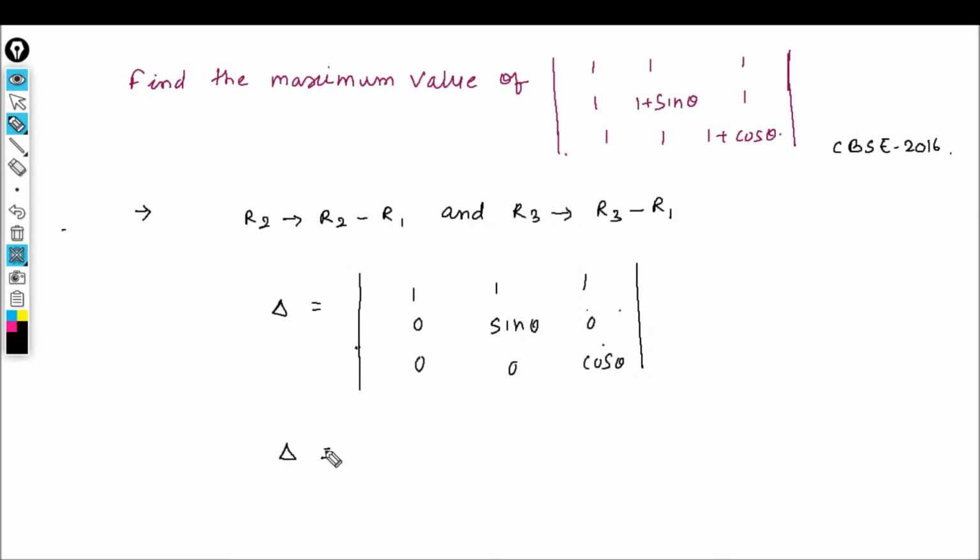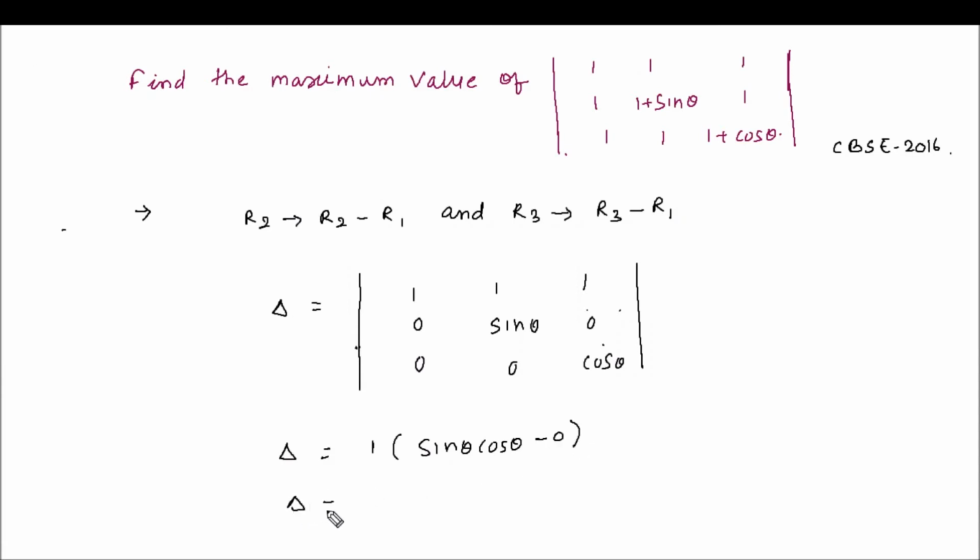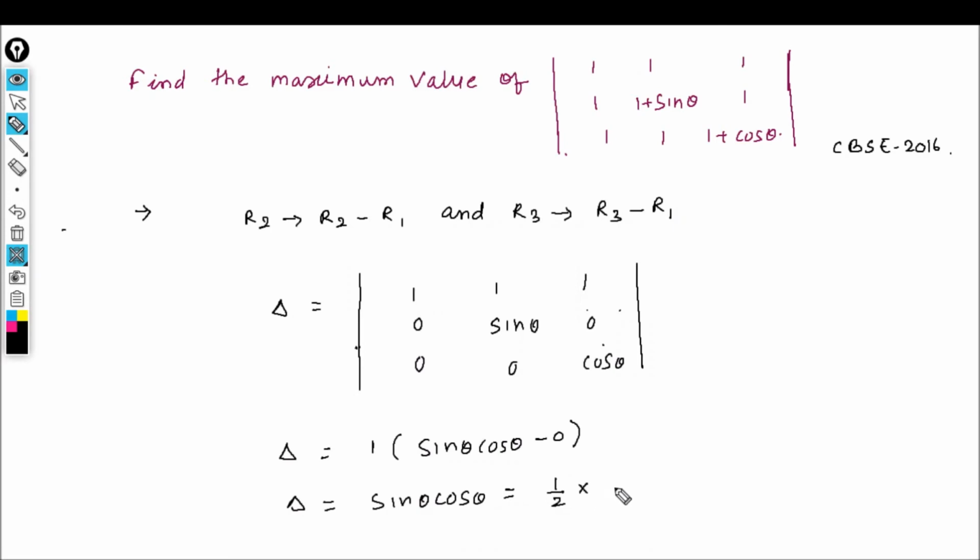So determinant of A, expanding along first column, this is 1 into sin theta cos theta minus 0. So determinant is sin theta cos theta. This can be written as 1 by 2 into 2 sin theta cos theta. So this is equal to 1 by 2 into sin 2 theta.